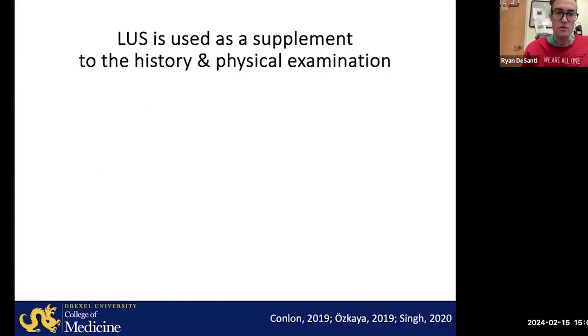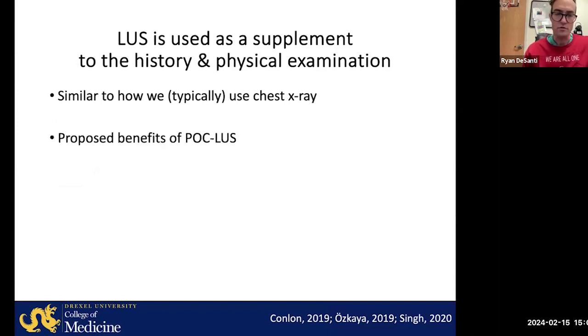When using lung ultrasound, it should typically be used as a supplement to the history and physical examination. This is similar to how we would typically use chest X-rays. There are multiple proposed benefits of point-of-care lung ultrasound, especially when compared with chest X-rays, which is the more standardized examination technique in pediatrics.